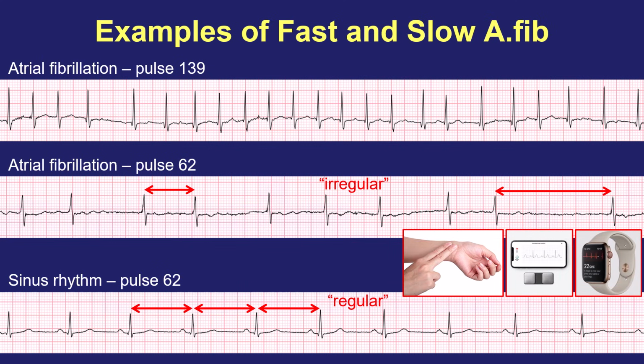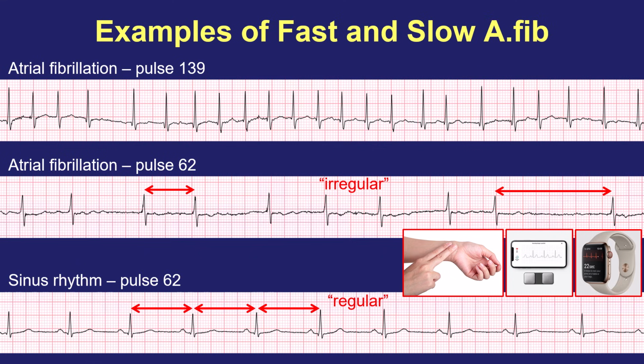So if you're feeling your pulse or you're using a device, whether it's a smartphone app or a watch, those devices will often look not just at the heart rate, but also at how regular or irregular the pattern is. And if they have programs that can diagnose atrial fibrillation, it's usually based on that irregularity, where it will report that you're in A.Fib or not.